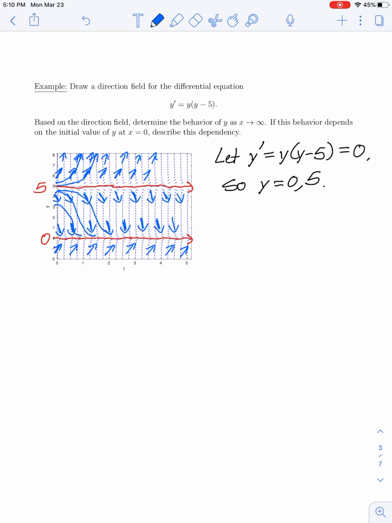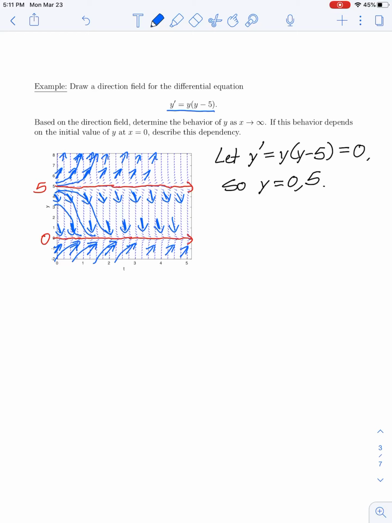The closer that I make y equal to 0, the slope of my tangent line y prime gets smaller. It's flattening out, moving towards this equilibrium solution of 0. And if I were to look at initial values of y that are less than 0, then initially our solution curves are increasing.